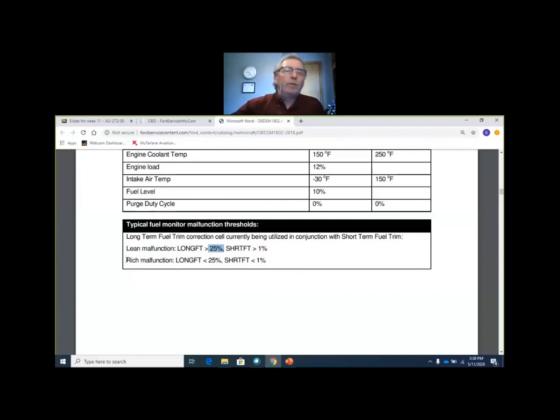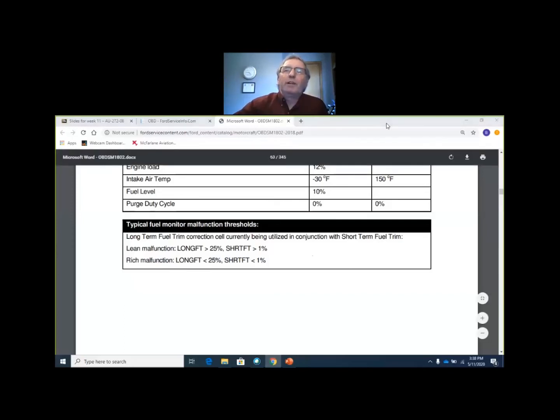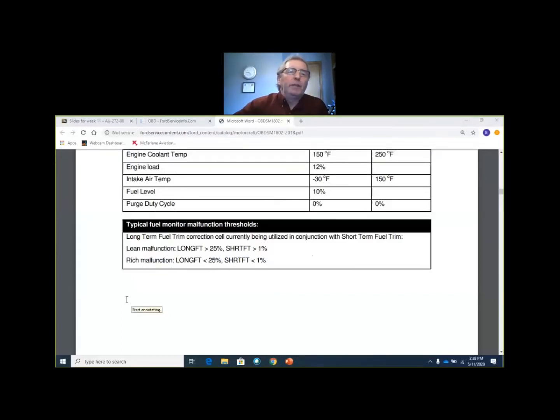Now the way they wrote this is confusing because they're saying if the long-term fuel trim is less than 25% and the short-term fuel trim is less than 1%, it's rich. So that's wrong. Here's the way I think they should have written that, right? So what it should say, rich malfunction, right? Well, long-term fuel trim greater than negative 25%.